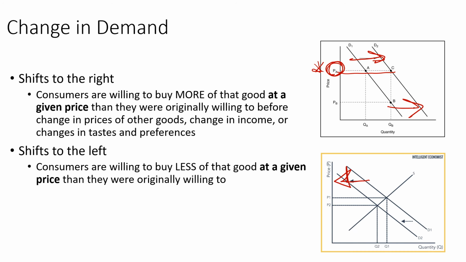A shift to the left means that consumers are willing to buy less of a particular good at a given price than they originally were, again for the same reasons that we discussed that could cause shifts to the right.